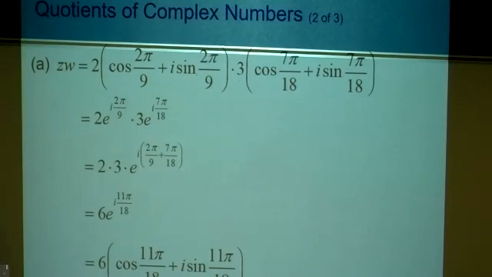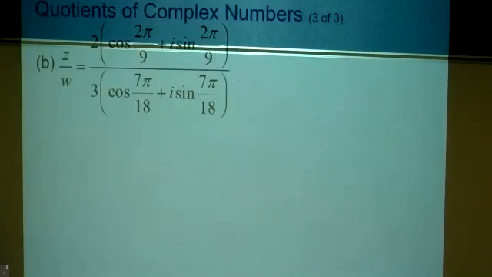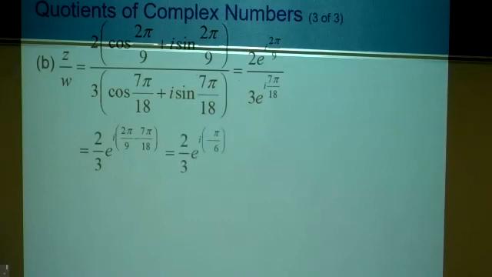And the next one is dividing. Again, we convert to exponentials, where we end up subtracting the two angles. They're going to leave it inside parentheses, so i times the negative pi over 6.